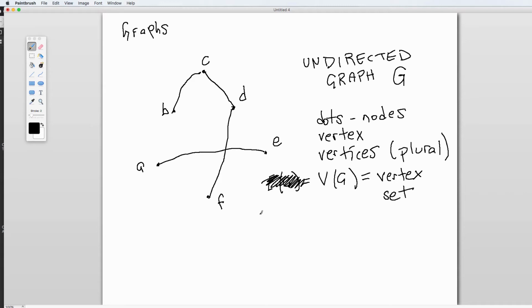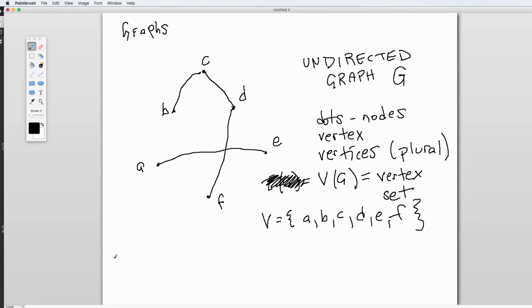Actually, I like to just call it plain old V. And I would say that V is equal to A, B, C, D, E, and F. Just like that. Okay, so those are the vertices.